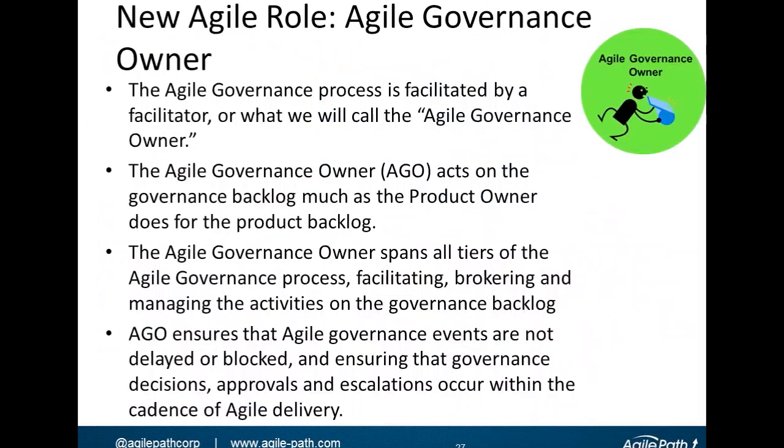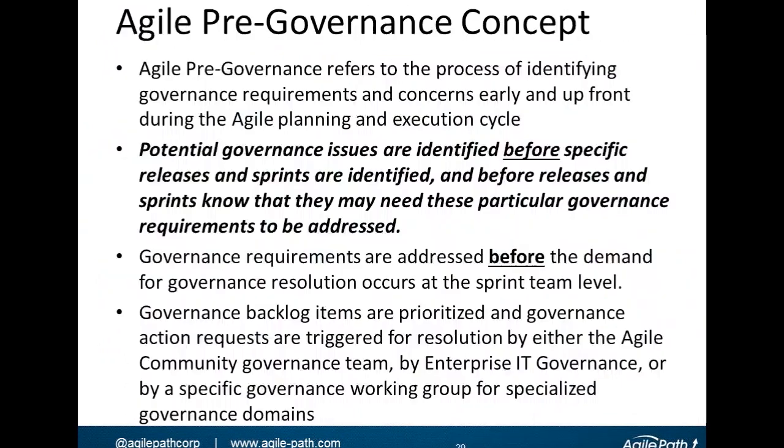Again, by the time the sprint planning process takes place and the Agile team is doing its tasks, the only governance issues they may have to address are very emergent tactical ones, which we'll deal with on a near real-time basis, either with a spike or by escalating them up the governance model into the enterprise, or as far as it needs to go to get a resolution within a 2 to 4 week sprint cycle.